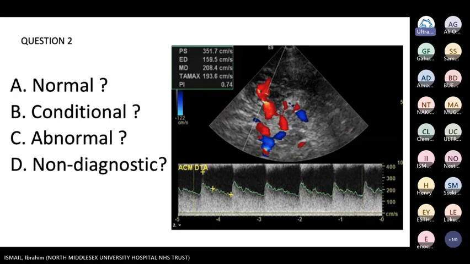I can pick them up for you. Most of the people are insisting it's conditional. Okay, so should we just move on?